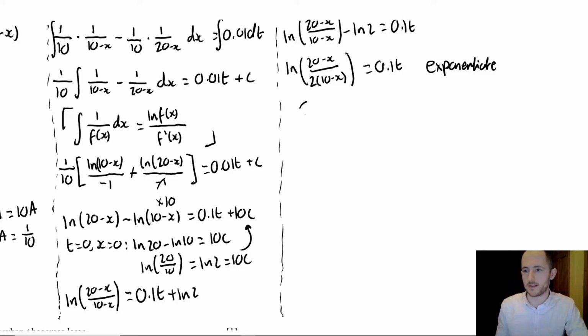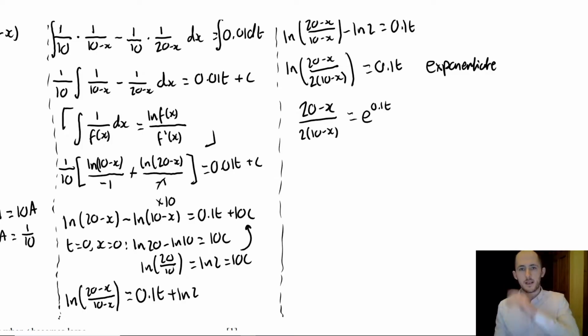So I'm just left with 20 minus x over 2 times 10 minus x, equals e to the 0.1t. Again, I would have e to the ln 20 minus x and so on, but because I'm raising ln to e, it gets rid of both of them. You can think that they just cancel each other out. That's one way to think about it.